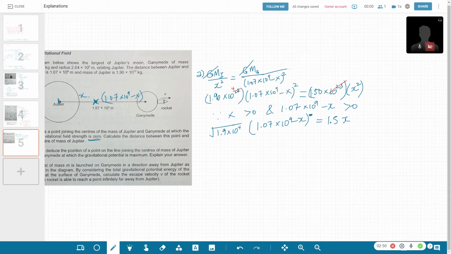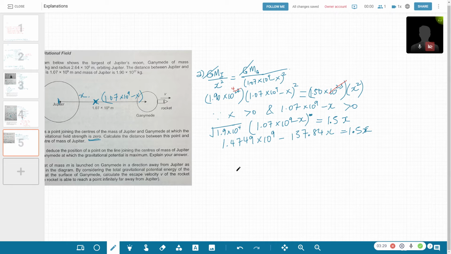Next we just need to do some basic mathematics. Let me use my calculator. Square root of 1.9 times 10 power 4, multiplied by 1.07 times 10 power 9, gives 1.4749 times 10 power 9 minus 137.84x equals 1.5x.